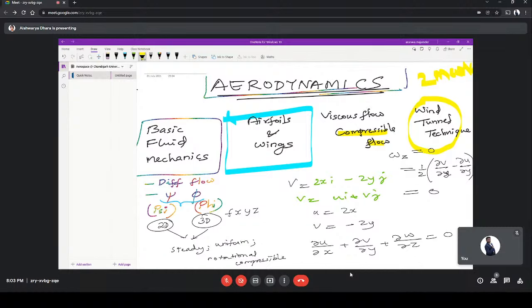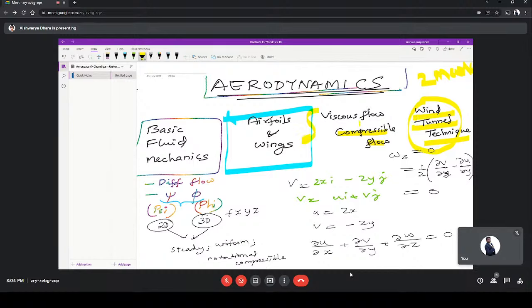And what are the different types of wind tunnel techniques? They might give you a figure. Last year they gave some figures and asked what the technique is. So be careful about the important components placed in a particular technique, how they relate with one another, and the limitations of that technique. Mostly theoretical questions will come from the wind tunnel technique part.